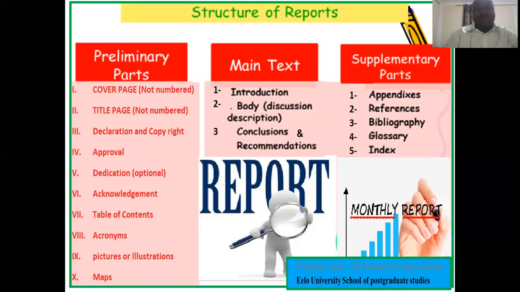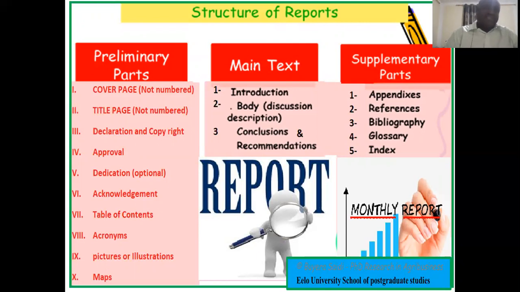Your report must have an approval from your supervisor. For the case of our university, perhaps your lecturer who is talking to you now is the one who will approve your report, confirming that it was done under my supervision or any other lecturer's supervision.